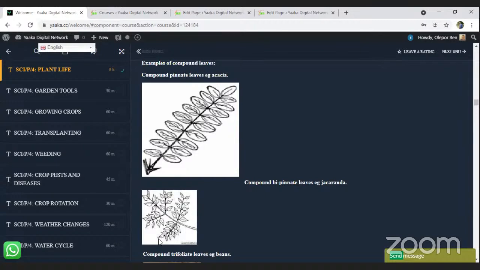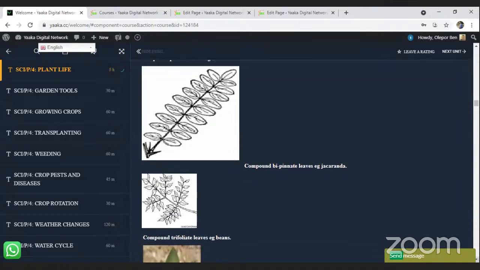It has very, very many. This one goes here like that, like that. So this one, compound pinnate. The other one, compound bipinnate. Sometimes they ask you to draw in your examination, so you must be able to know the difference between compound pinnate and compound bipinnate.